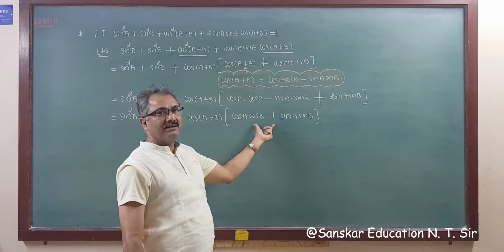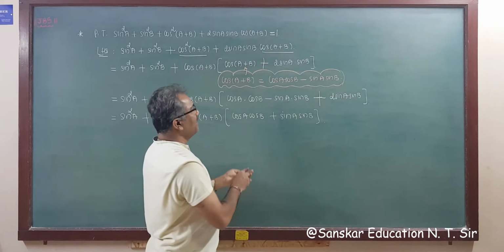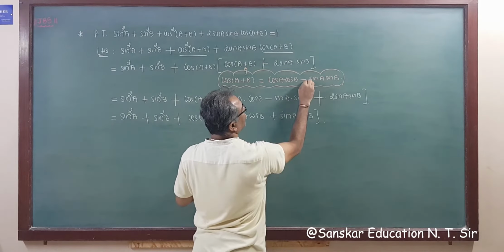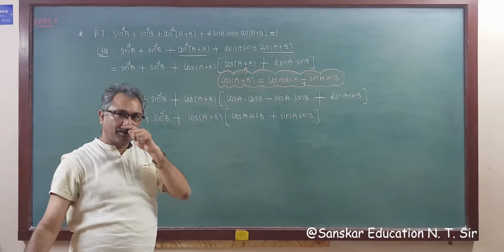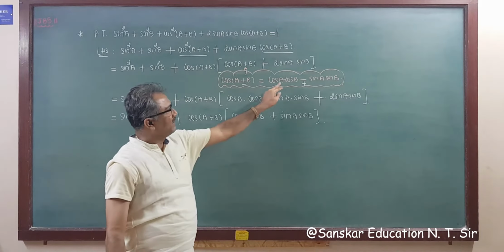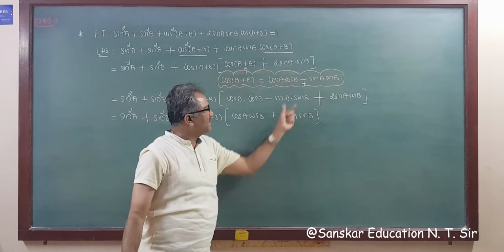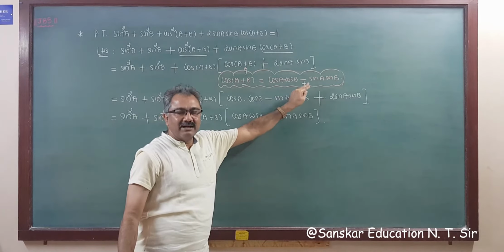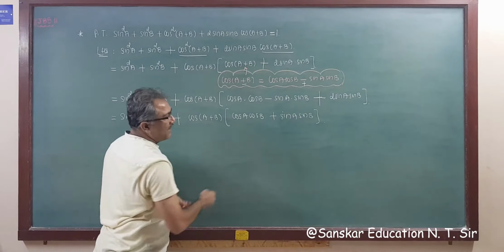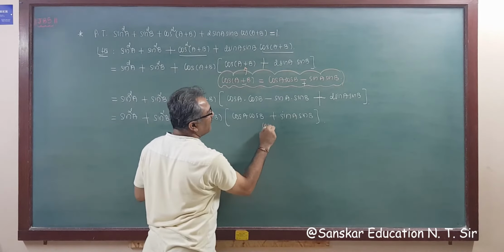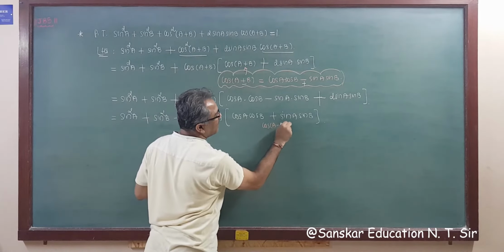Now this is plus, so here the answer is minus. Got it? Same formula: cos a cos b plus sin a sin b. If the answer here is plus, then the answer is minus. So this is cos(a minus b). So this is the formula for cos(a minus b).